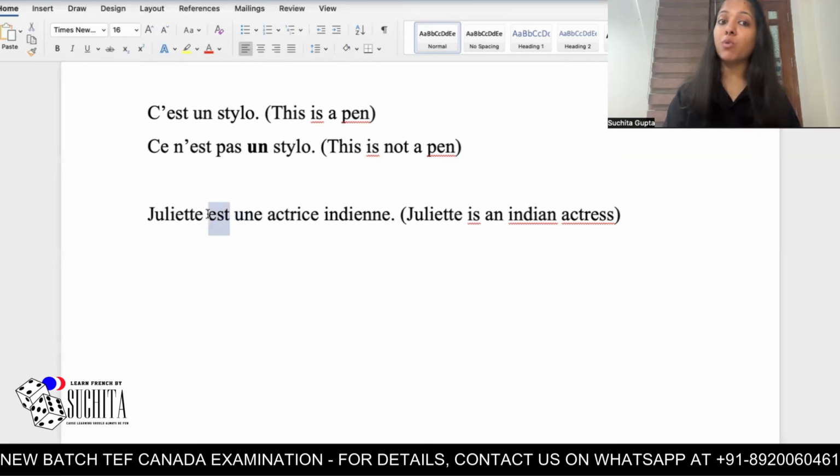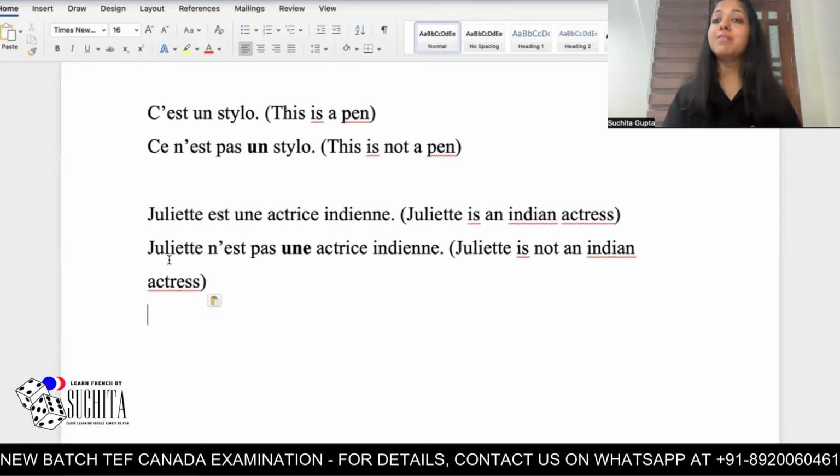But since it is the verb être, your indefinite article will not change. So that means your final sentence will look like Juliette n'est pas une actrice indienne. Ne and pas before and after the verb, and une will not change into de because it is the verb être. So Juliette is an Indian actress. Juliette is not an Indian actress.